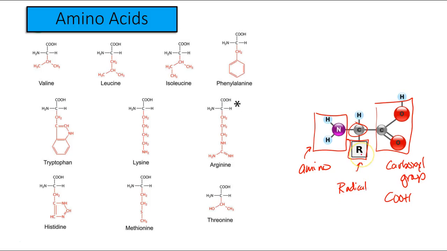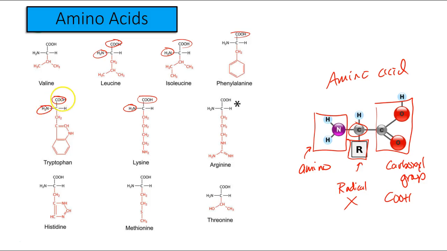The radical group is the only thing within this entire amino acid that is different between all amino acids on the planet. So this is kind of the X variable. It is the difference. You can see the carboxyl group is the exact same on every amino acid known to man, and the amino group is the same on every amino acid known to man.